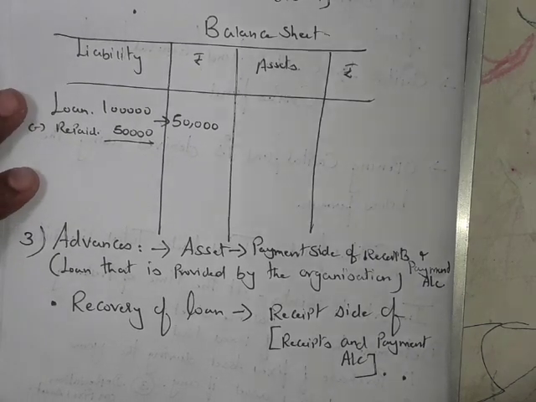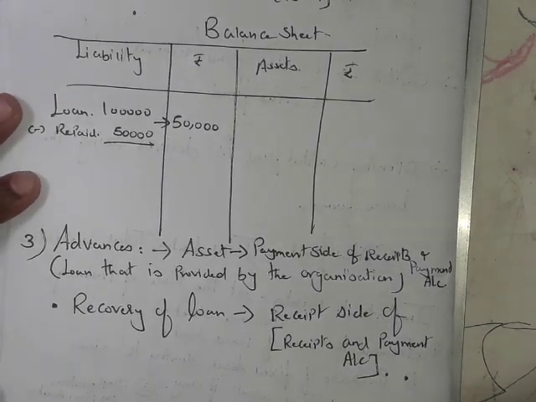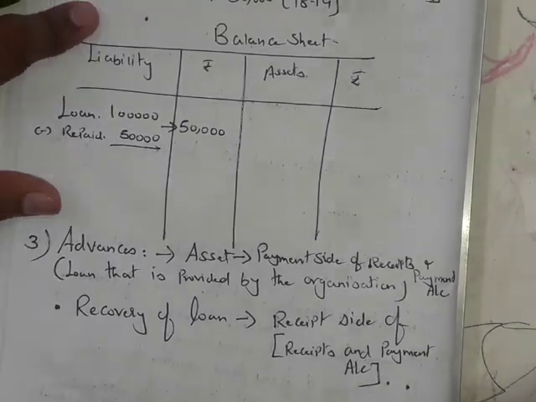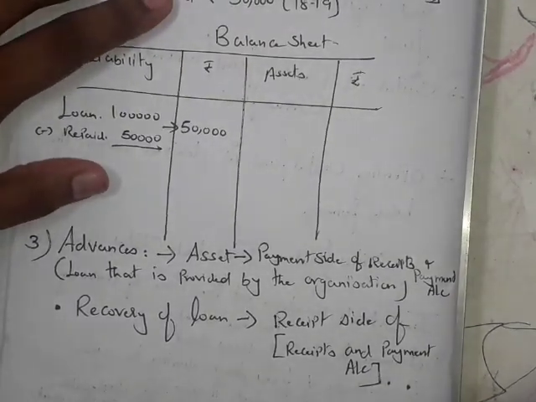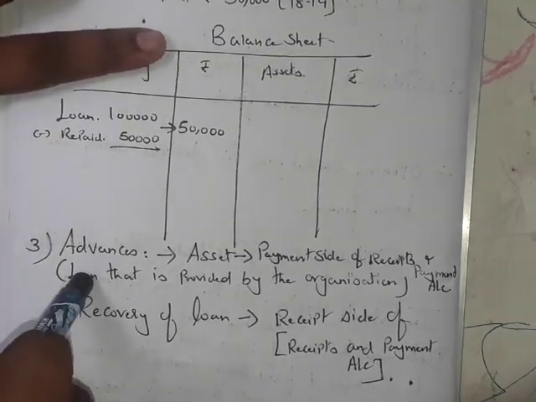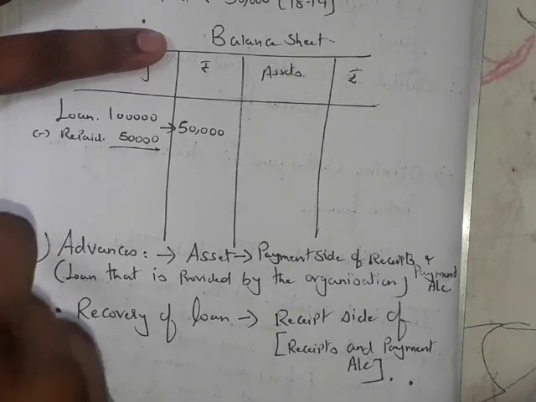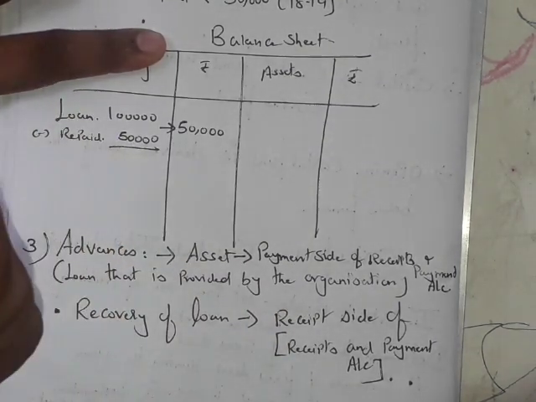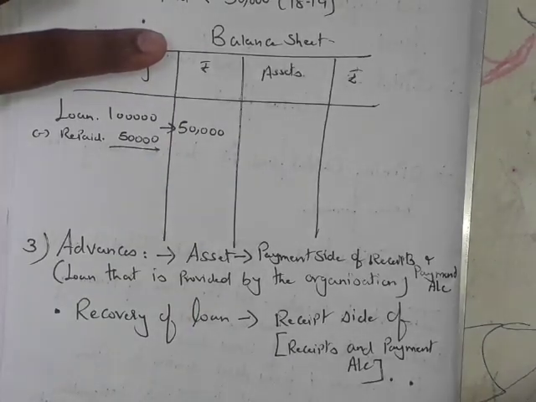Loans and advances are different aspects. They are not one and the same. Loan is a borrowing done by the non-profit organization, whereas advances is an amount paid by a non-profit organization to those members who are in need of funds.